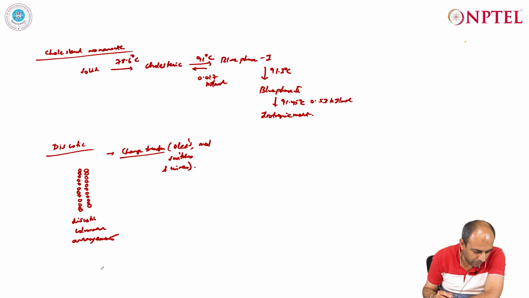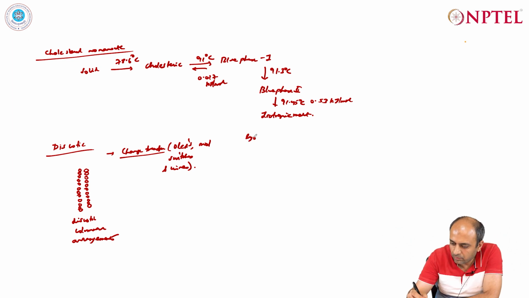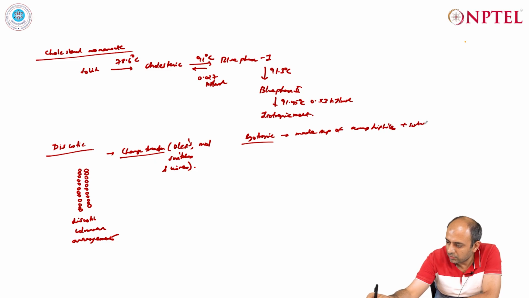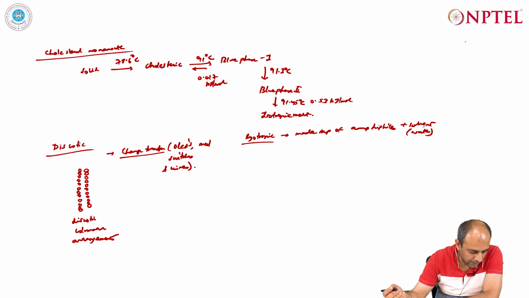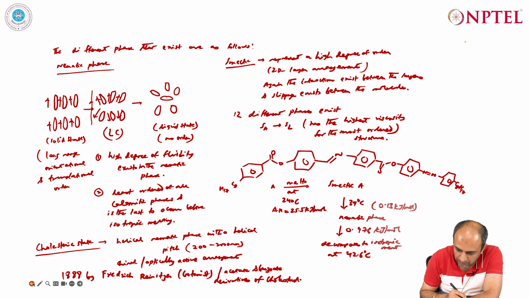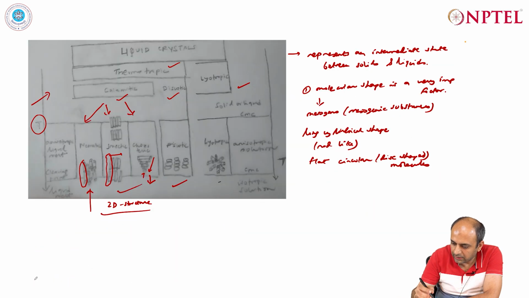In the case of lyotropic liquid crystal phase, these are made up of amphiphiles plus solvent. The solvent can be water, or these can be some organic solvent, and therefore we know that in order to form these kind of lyotropic phases, for example here you can see this is the lyotropic arrangement.